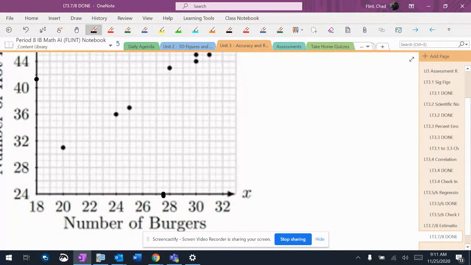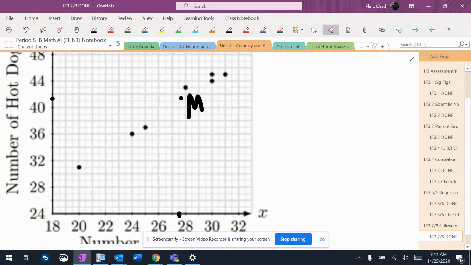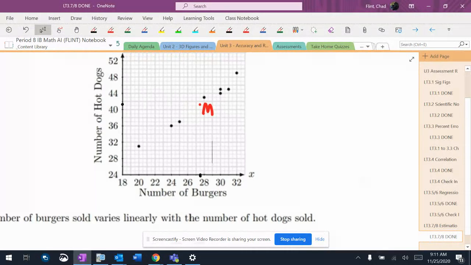So if I plot this on here, it's going to be right about there. I'm going to label it with an M. Now the line has to go through that point. I probably should make it a different color. It's important to show that it goes through that point.